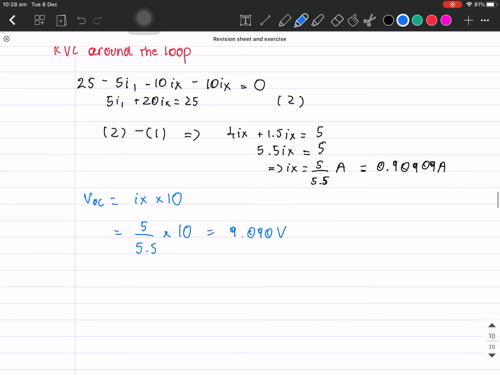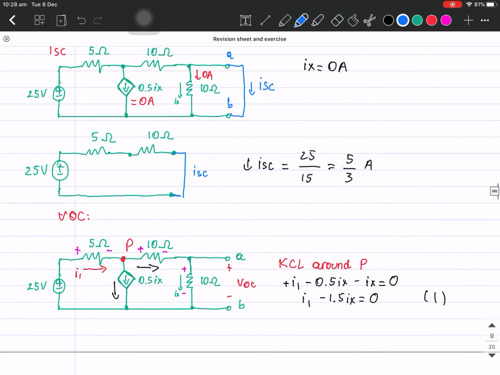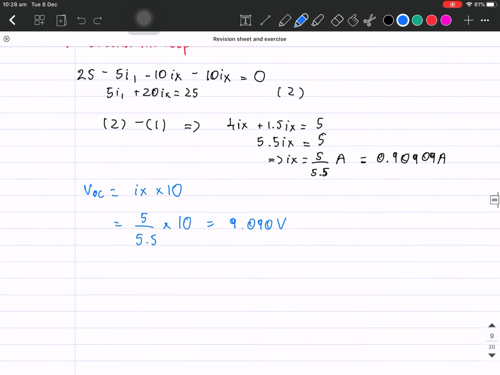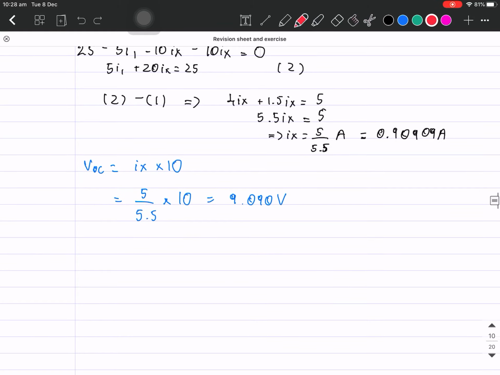And we have the short circuit current, which we just calculated above here, 5 over 3 A. And we have the open circuit voltage. So now we can find the Thevenin resistance. So our Thevenin resistance is going to equal the open circuit voltage divided by the short circuit current.